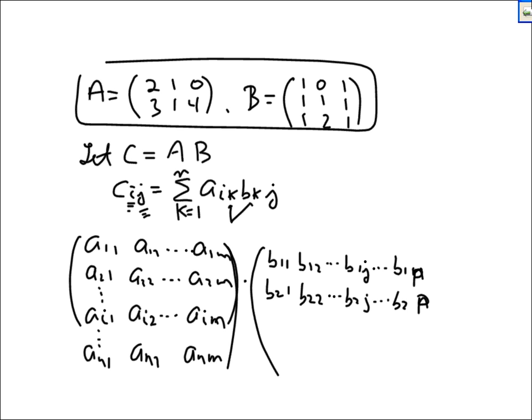And then this keeps going all the way to the nth row: first column, second column, all the way up to the nth row, jth column, and the nth row, pth column.